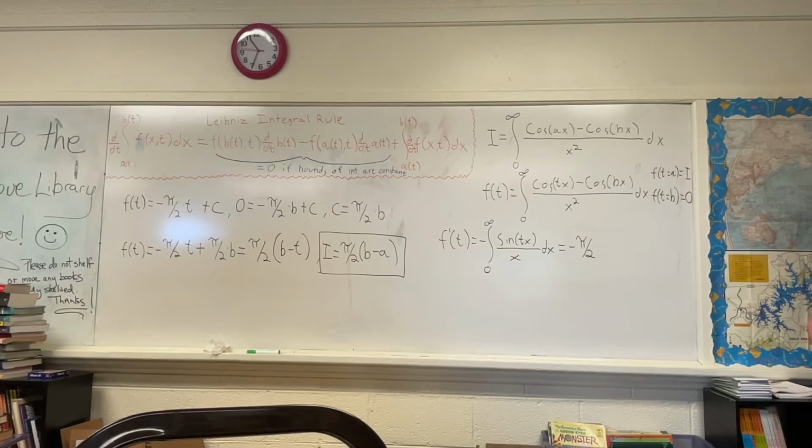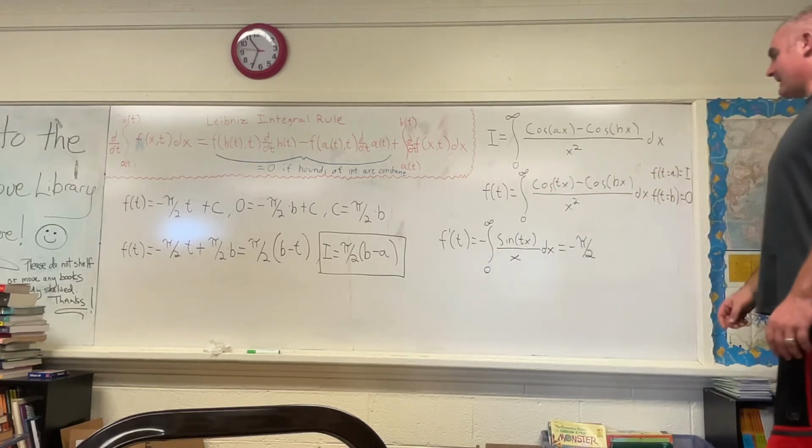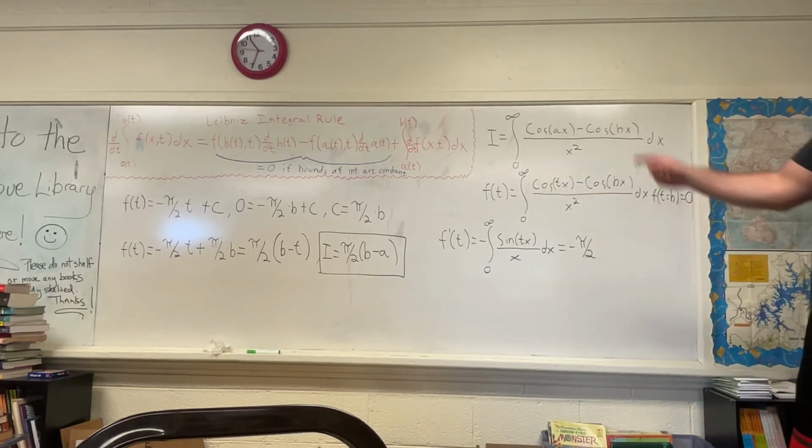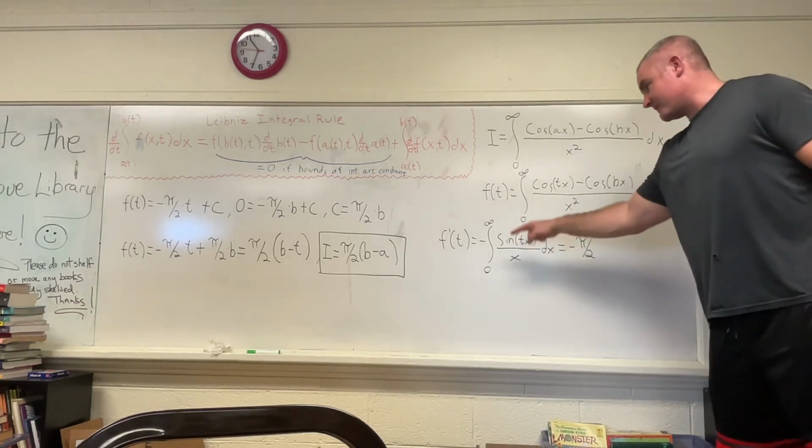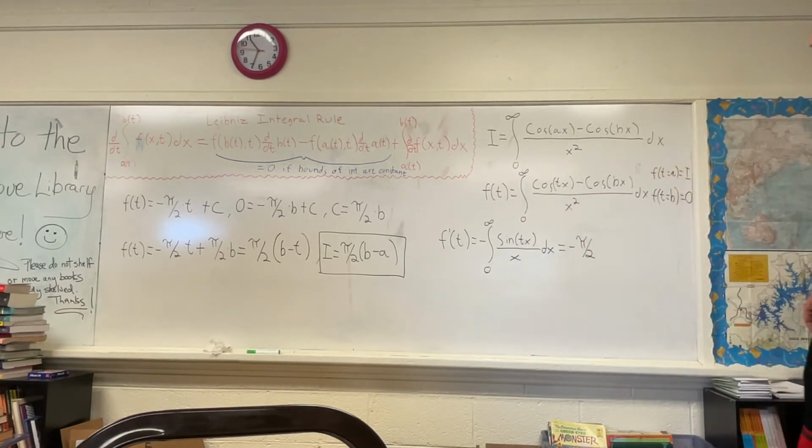As always, we're going to take a derivative with respect to t on both sides. And what that will give us, using the special case of the Leibniz integral rule for constant bounds of integration, is f prime of t is equal to negative integral 0 to infinity of sine of tx over x dx.